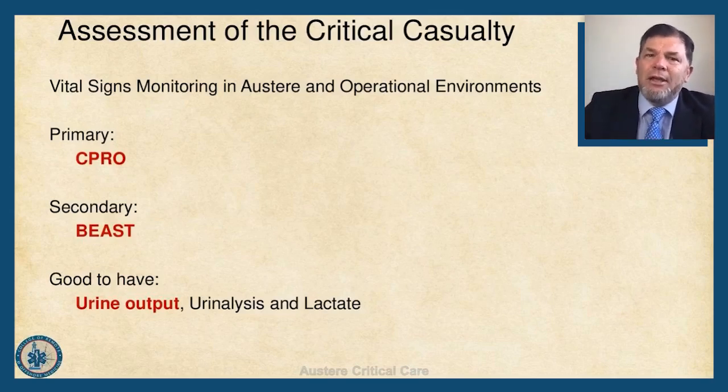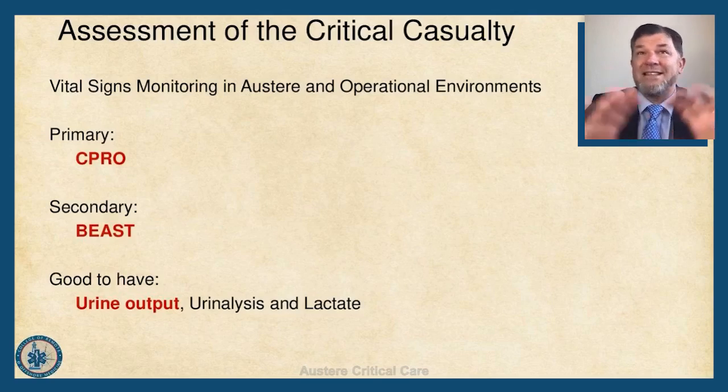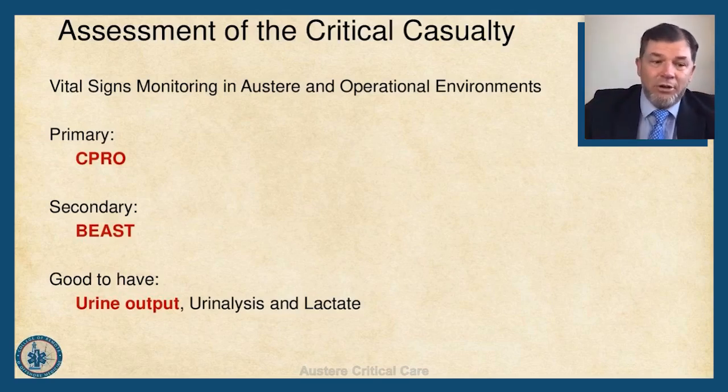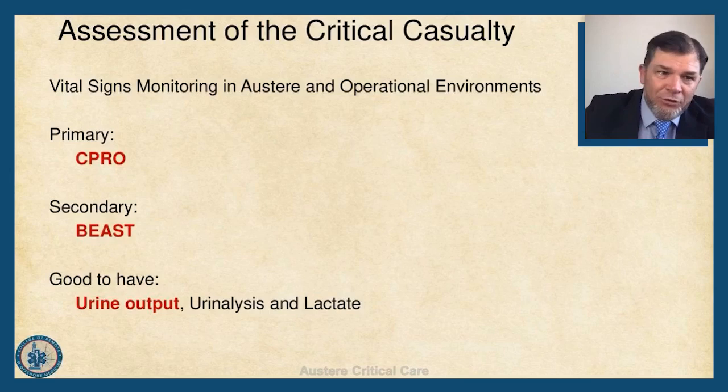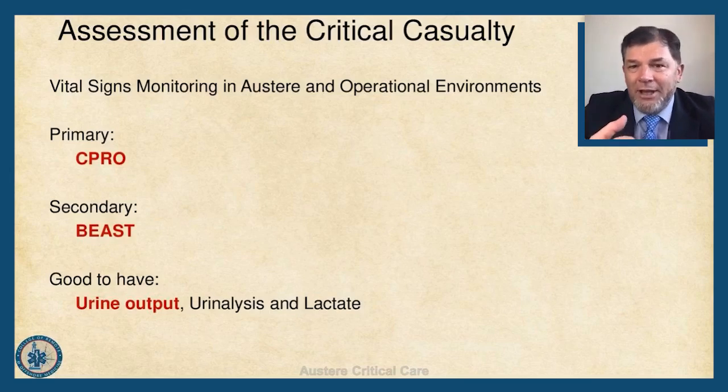And temperature in an operational environment is big. It's huge. We need to know there's vast amounts of things that can cause temperature problems. So we need to have your CPRO, which is easy to get. BEAST takes a little while to get, but you need to go through all of those.